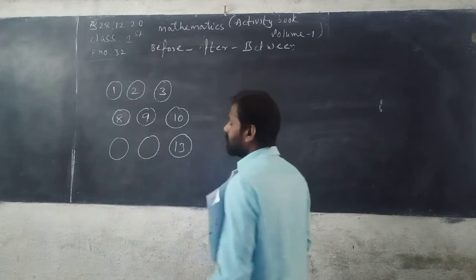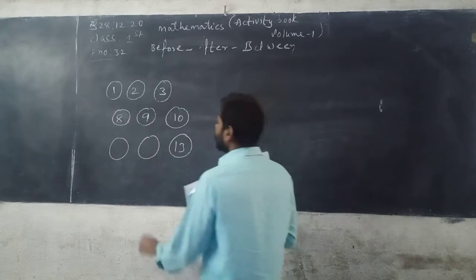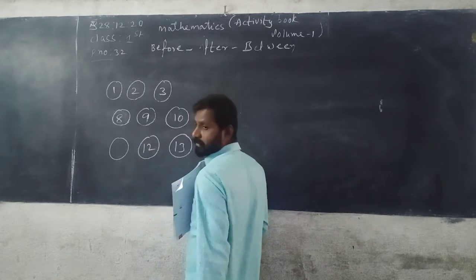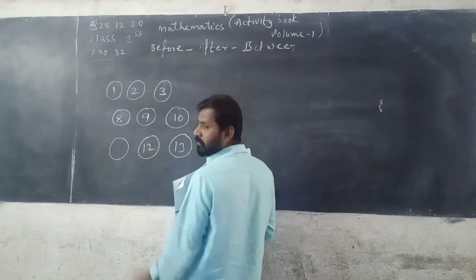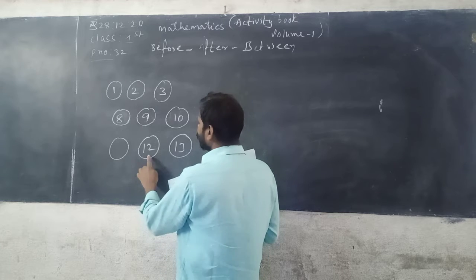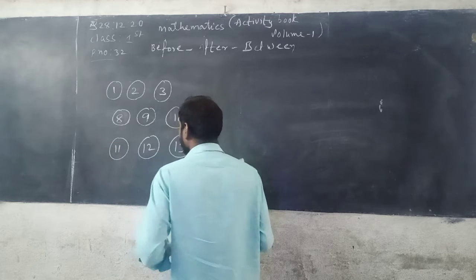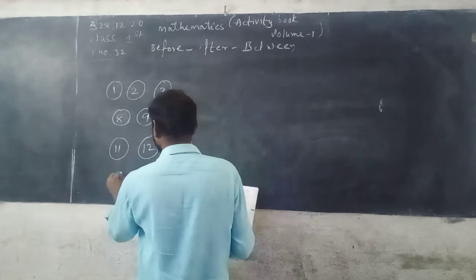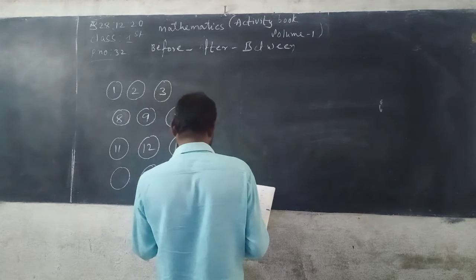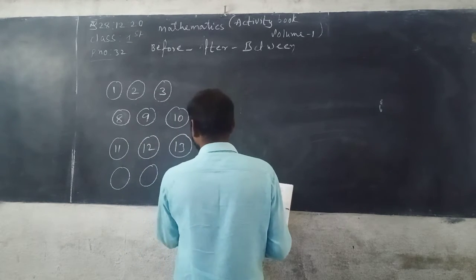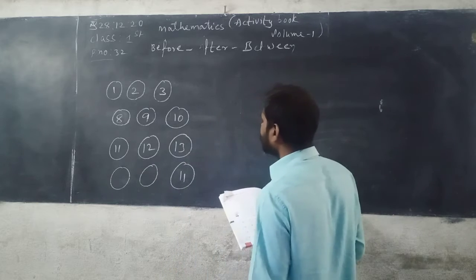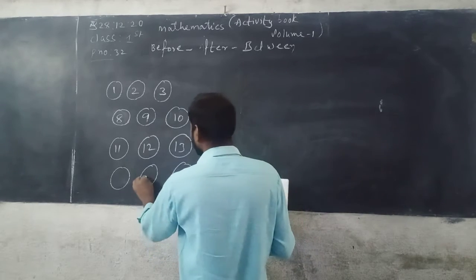13 is given. The number that comes before 13, you can get 12. Okay, 13's before number is 12. The number that comes before 12 is 11. So the number that comes before 11 is 10.